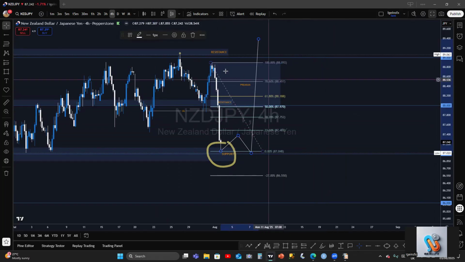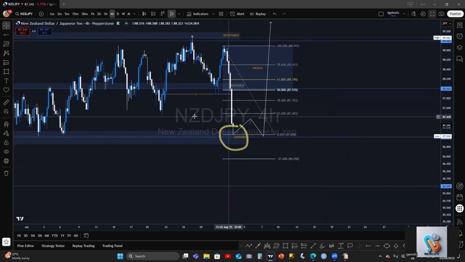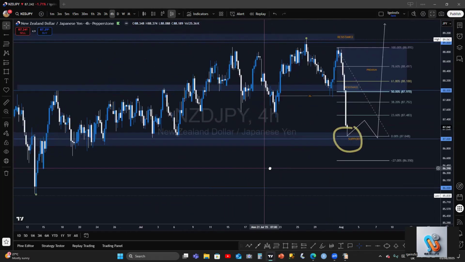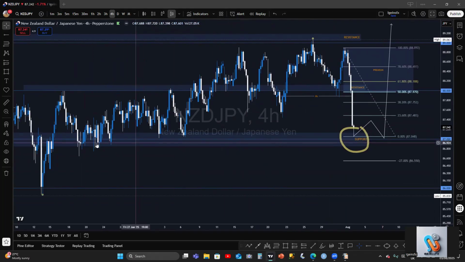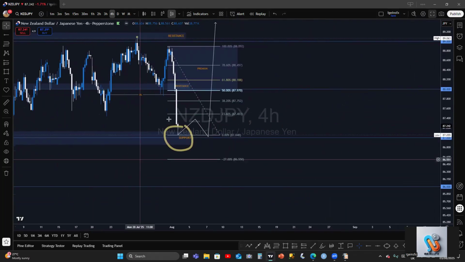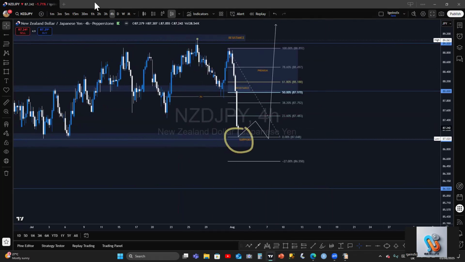As far as I'm concerned, we are going to wait to see what will happen here. But this is an obvious support level. Price is here, and we can see there's a rejection. It shows that buyers are stepping into the market. And if you scale down, you see that buyers are already there.